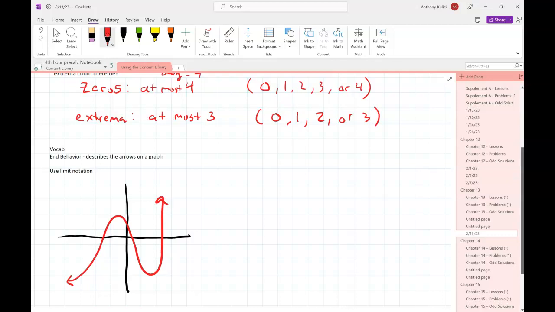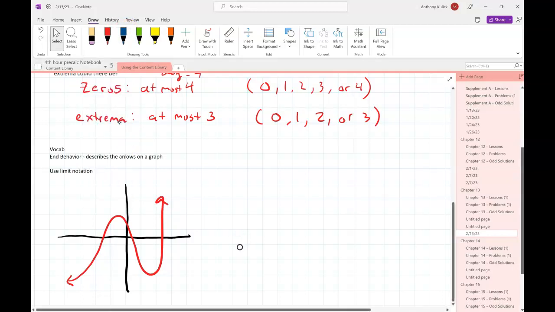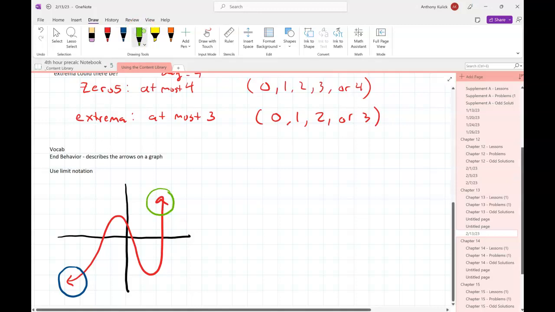So let's say that this is my graph. How many arrows do you see on this graph? 2. So I'm going to have an end behavior description for that arrow and a different end behavior description for that arrow.